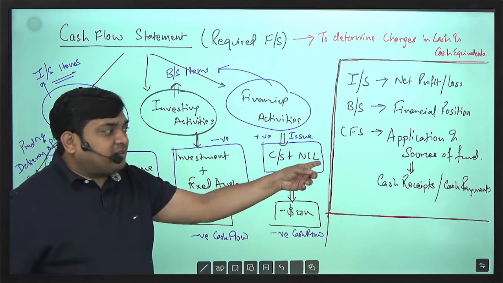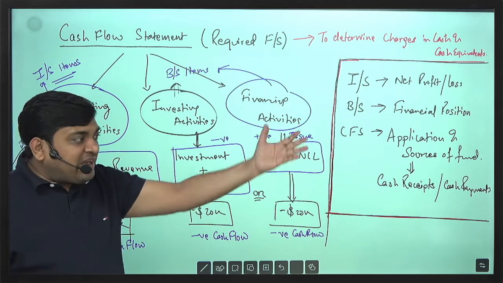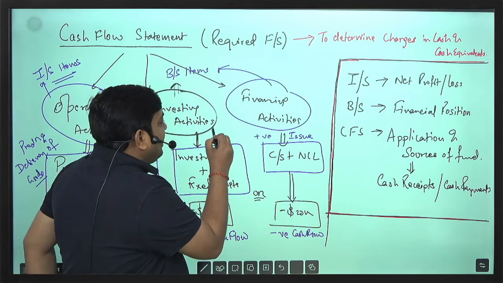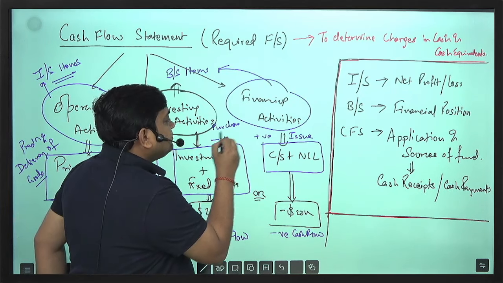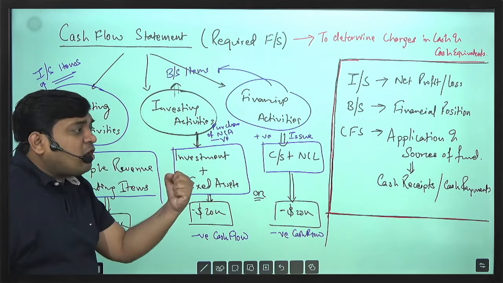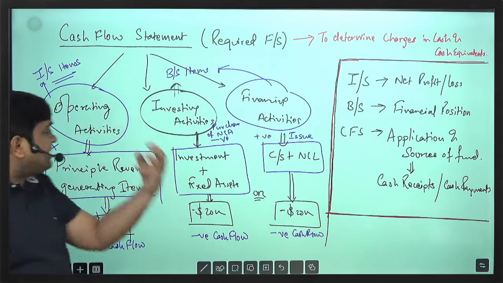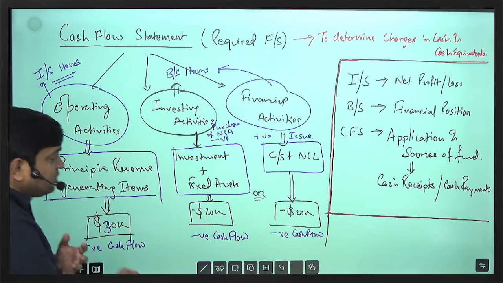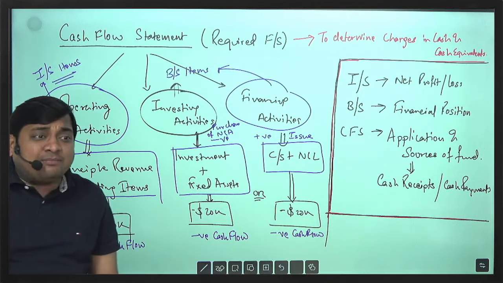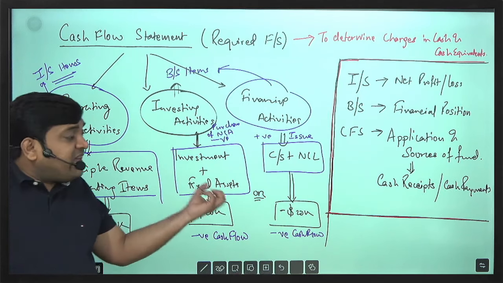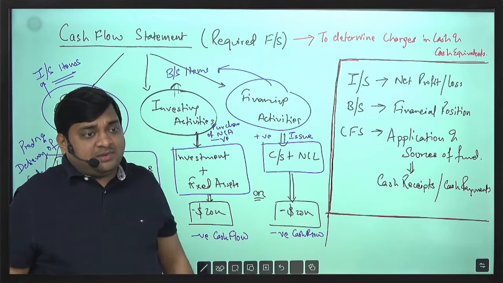Ultimately it starts here. Financing, you borrowed. This is purchase of non-current asset. When you utilize this non-current asset, when you use up this non-current asset, you get operating activity. Again, this operating activity is used to repay this loan. It's a cycle, man. Very effective financial statement.